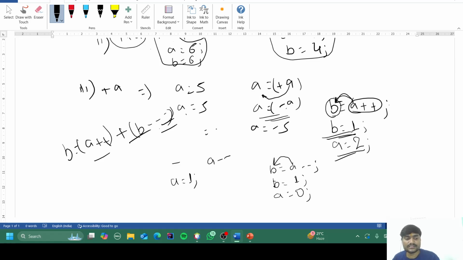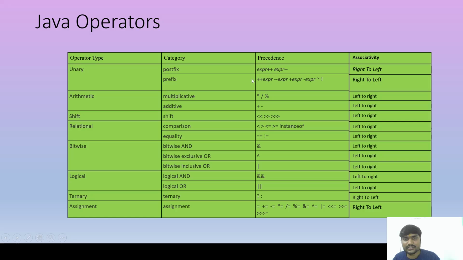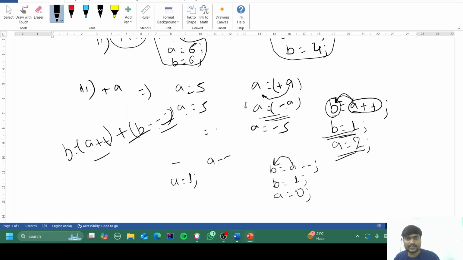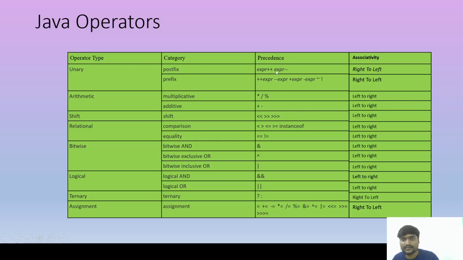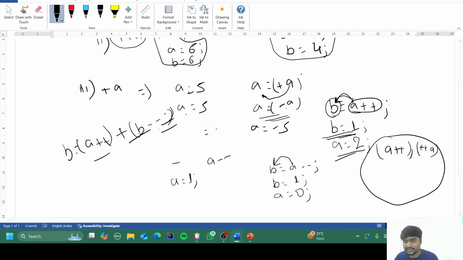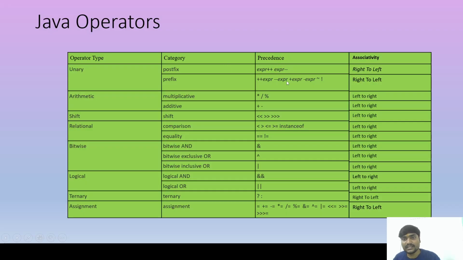Precedence denotes that if in any operation there are two things written, a plus plus and plus a, which one will be executed first? According to this table, you can see the postfix will be done first. So first this particular operation will be performed and thereafter this operation will be performed. That denotes the precedence.